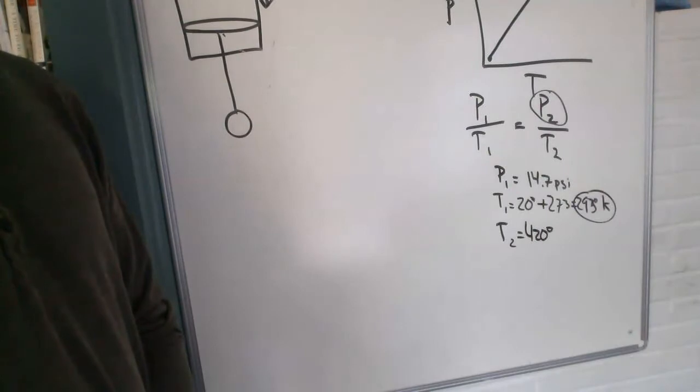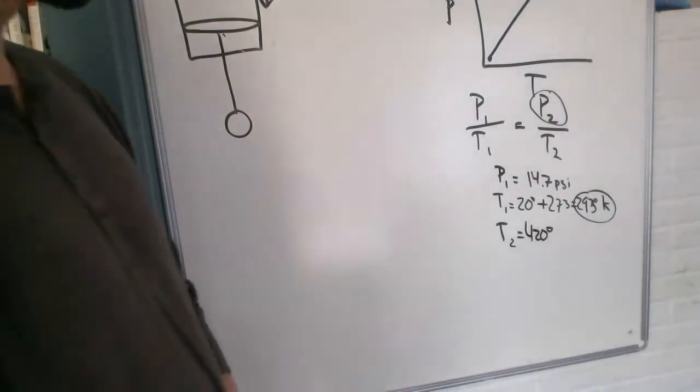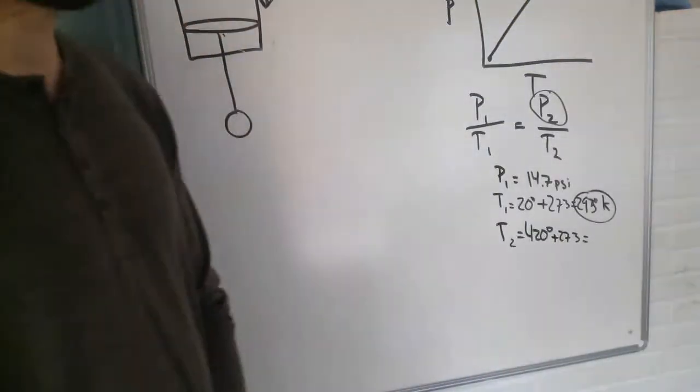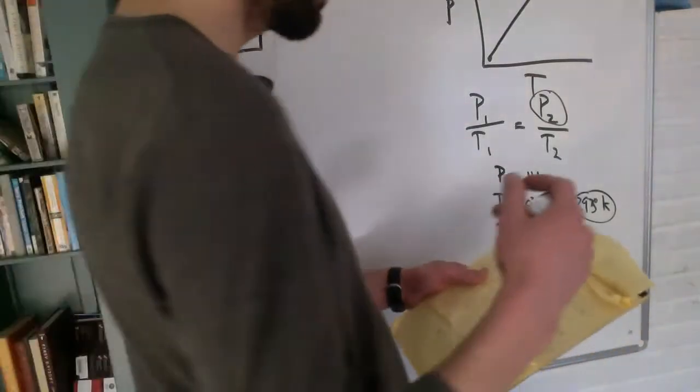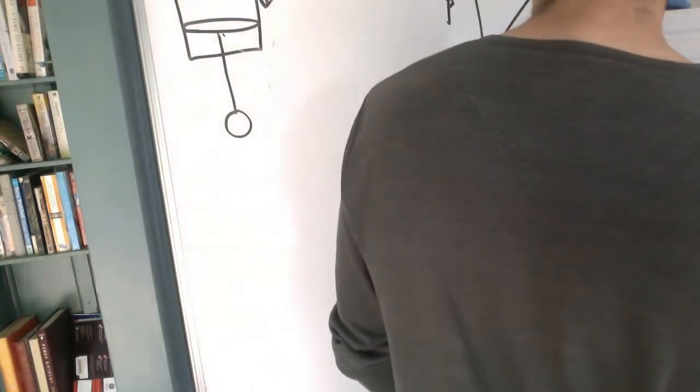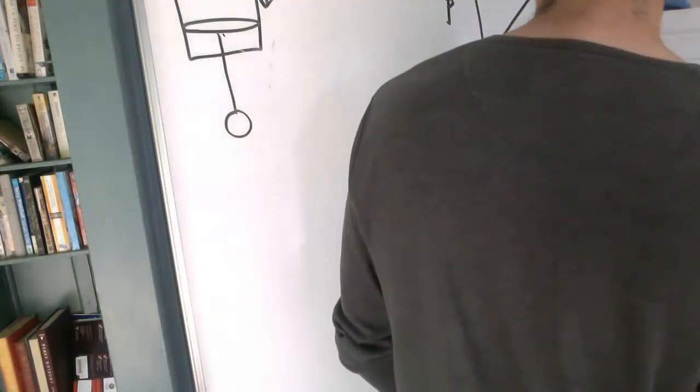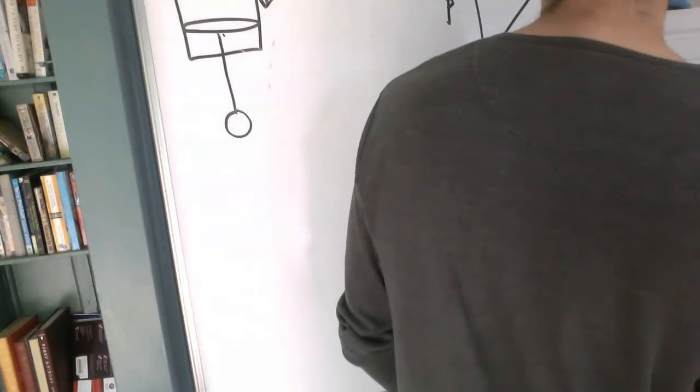So 420 degrees Celsius is what the cylinder burns at in a normal gas engine, and we have to add 273 to that. So in any gas engine, the combustion temperature inside the cylinder when it actually burns is 693 degrees Kelvin.